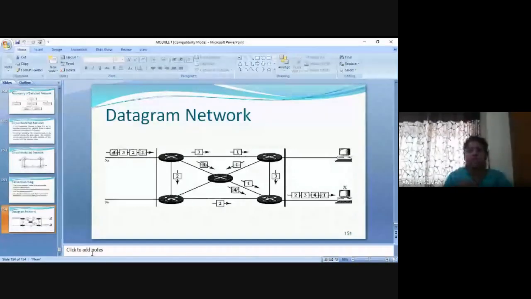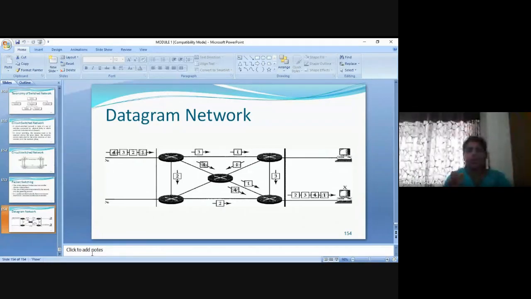Each switch in a datagram network makes use of a routing table, and the routing table decides which route to take. The destination address is built into the packet. Finally, through different paths, each packet reaches the destination. The destination address remains the same in a datagram packet.